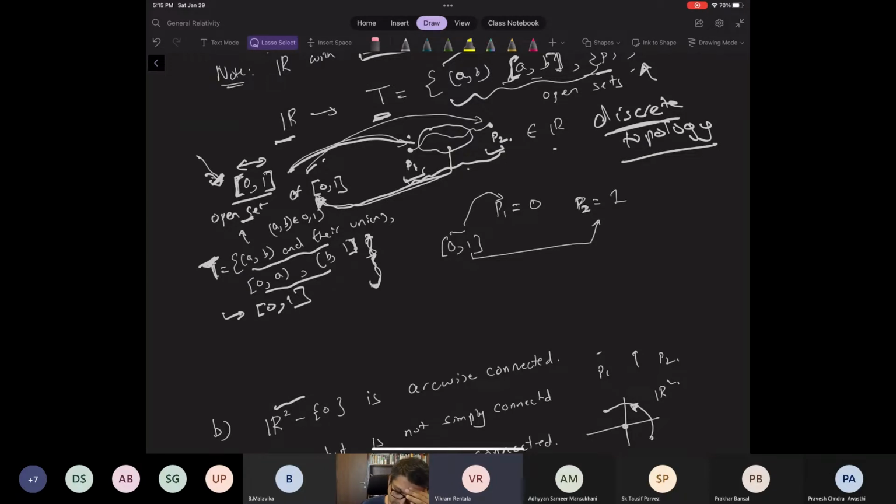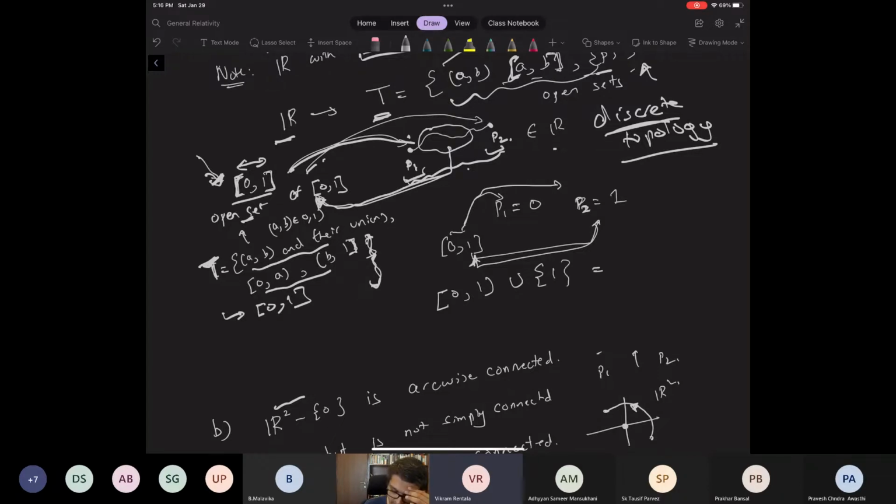Yeah, so okay, what do we mean by a continuous map? You can map these elements to anything, but the inverse image of that map is 0,1, union 1, right?